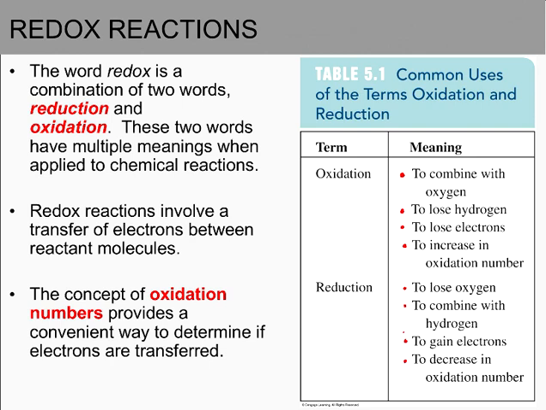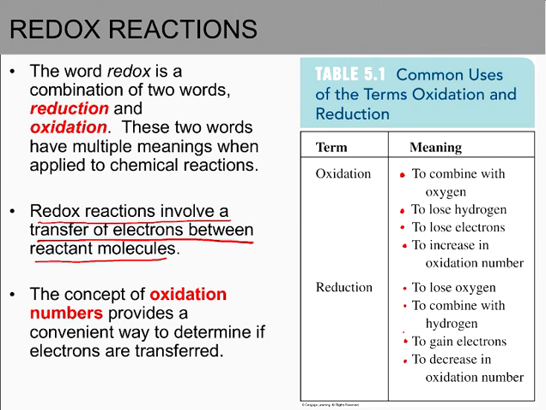Now, oxidation and reduction are opposite of each other. So you'll notice that, for instance, oxidation means that something is combining with oxygen, whereas reduction means something is losing oxygen. And we'll go over more of this as well. So in general, redox reactions involve a transfer of electrons between reactant molecules.